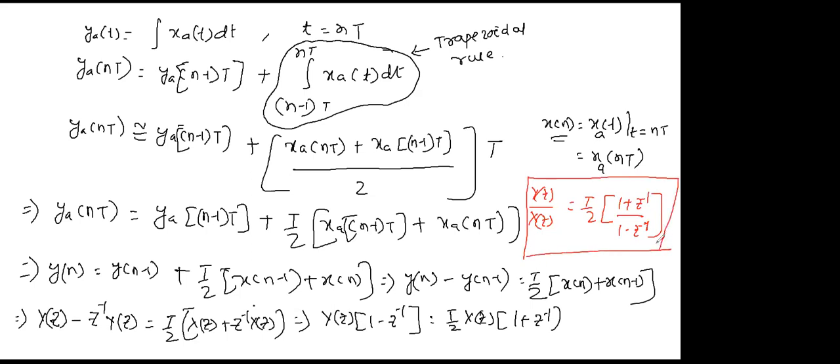We got H of Z equals T by 2 times 1 plus Z inverse by 1 minus Z inverse. Again I'm writing it in a separate place so that people get it.